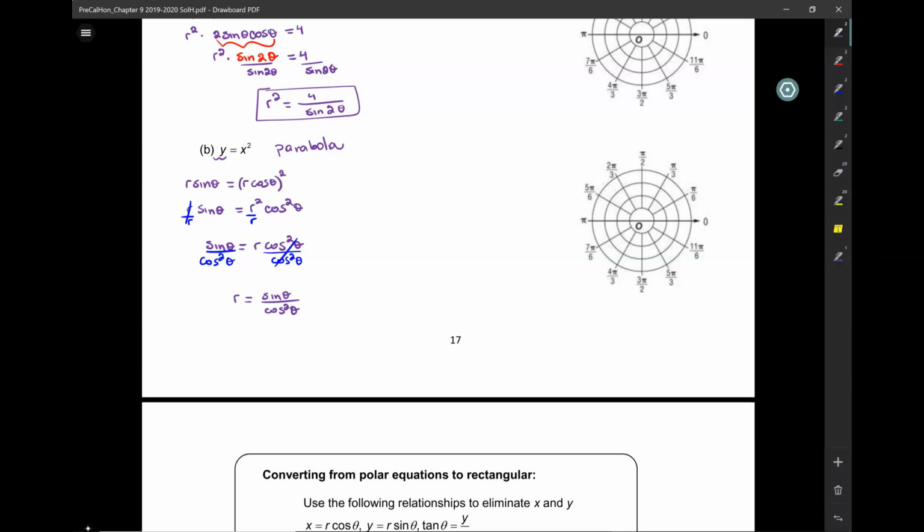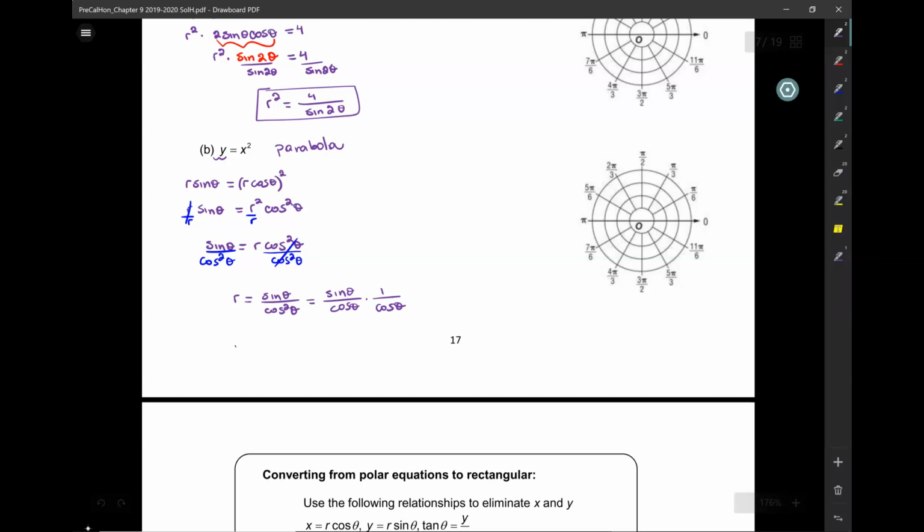The convention is to split this up, right? Because you have two cosines on the bottom, so do sine theta over one of the cosines times 1 over the other cosine, right? So do you see how it's the same? In the numerator, you have sine theta. In the denominator, you have cosine squared theta. It's just convention to do it this way.